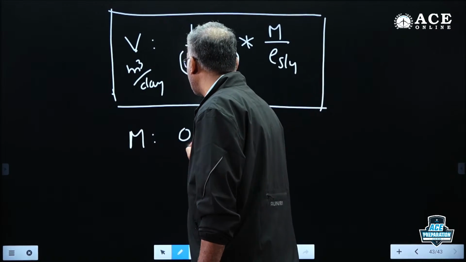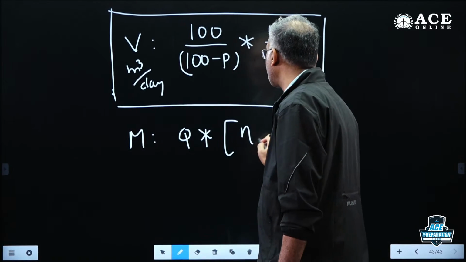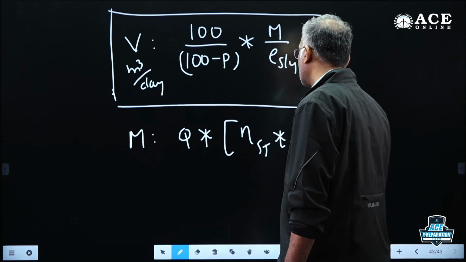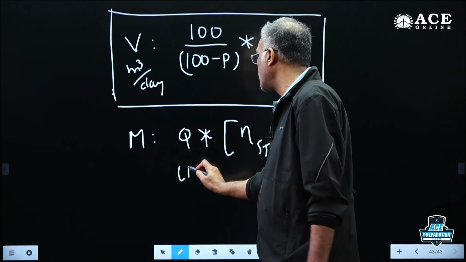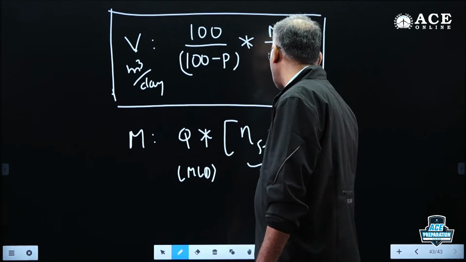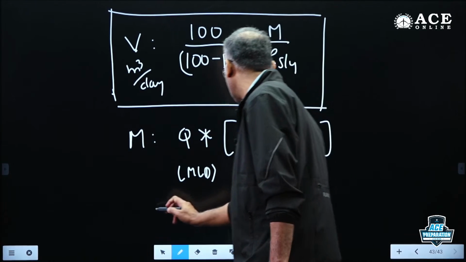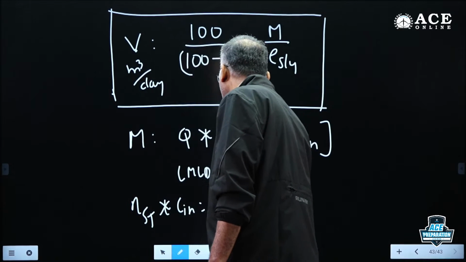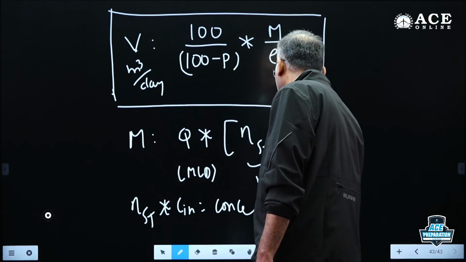M is equal to Q into efficiency of sedimentation tank into concentration of solids in sludge, that is Cn. If you substitute this, the efficiency of sedimentation tank into Cn is the concentration of solids in sludge.